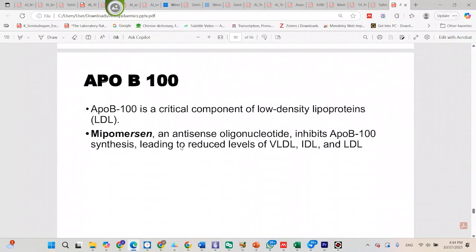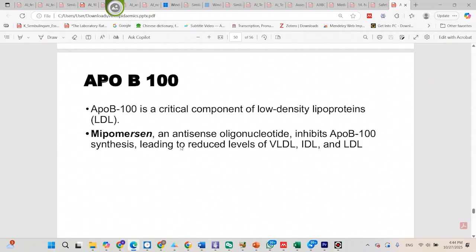Okay, ApoB100 is also a target, like I said earlier on. And why is ApoB100 a target? Because it's a critical component of the lipoproteins that are bad, like the LDL, VLDL, IDL, and so it can also be a target for dyslipidemia generally. An example is mipomersen, and anytime we have a drug ending in sen, you may not have to think twice.